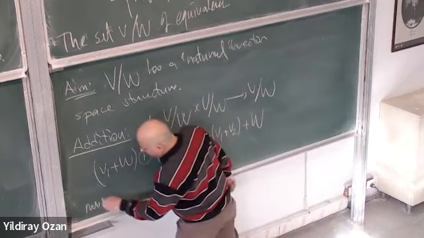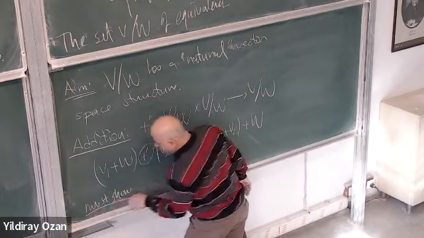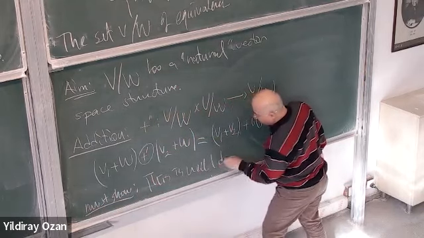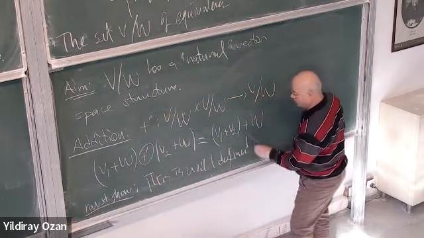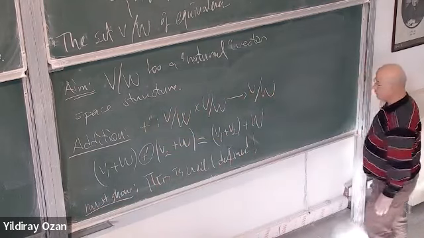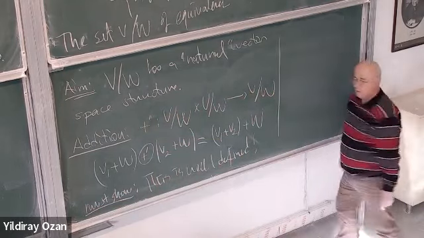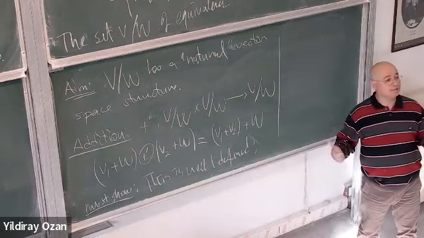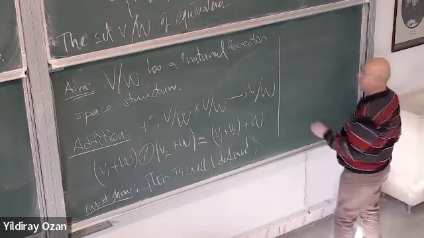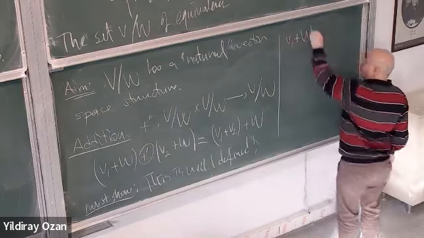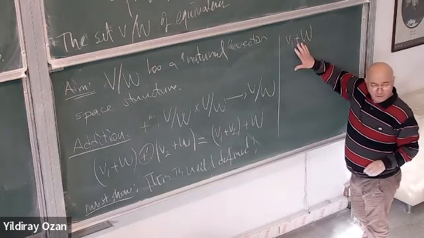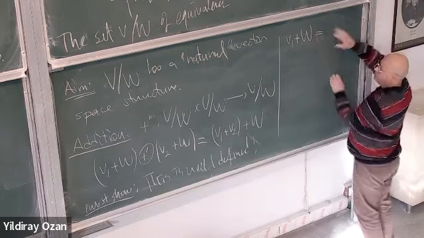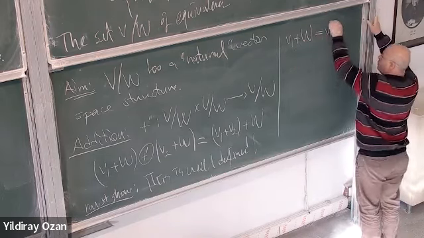Must show what? This is well defined. What does well defined mean? If I choose different representatives, I should be able to get the same result. Well, let's say V1 is the representative of this equivalence class, but this has another representative, maybe. Let's say V1 prime.